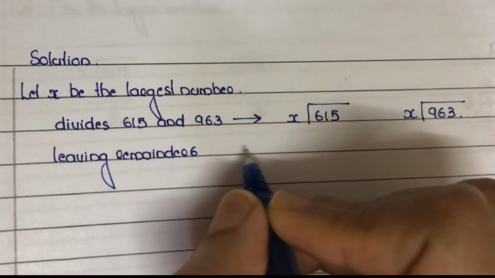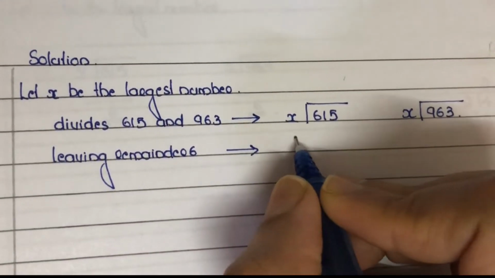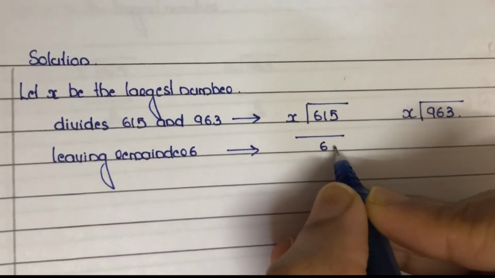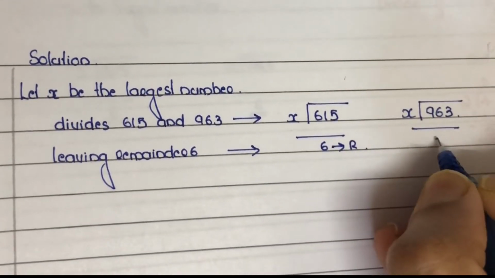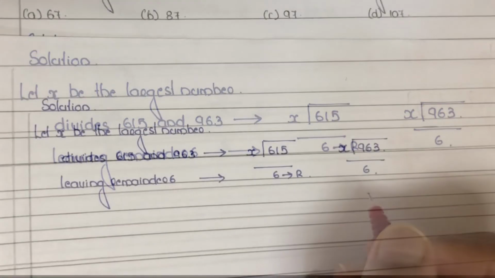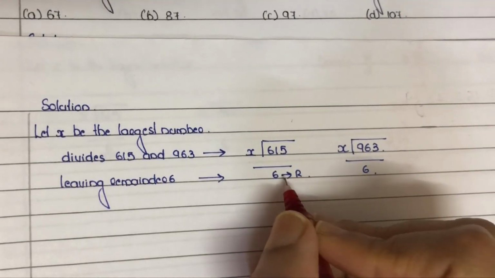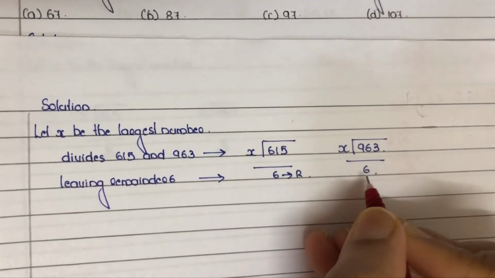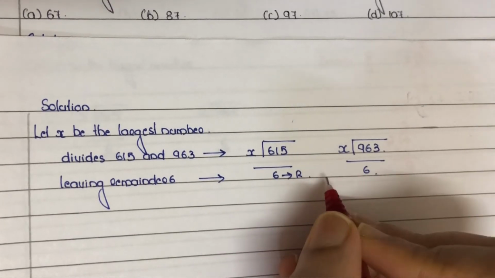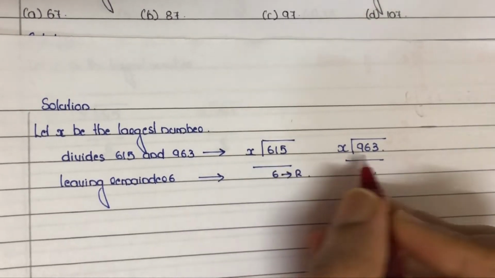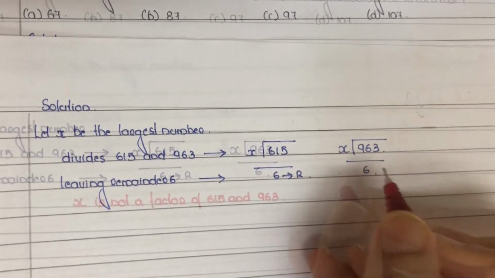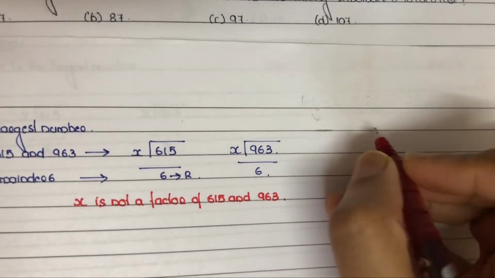Leaving remainder 6 means when you divide you will get remainder equal to 6. Here also remainder equal to 6. Here in both cases remainder is not equal to 0, which implies x is not a factor of 615 and 963. Now consider an example.